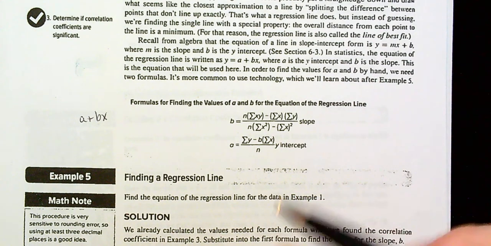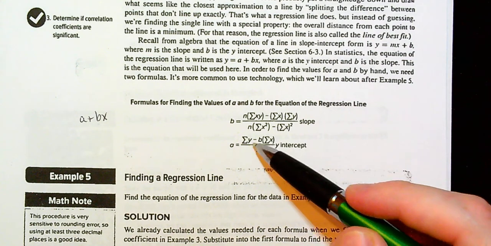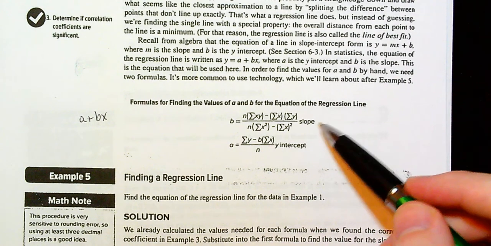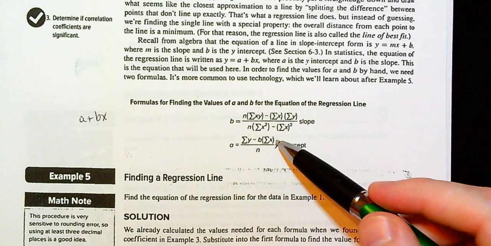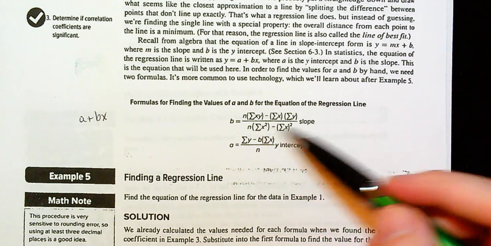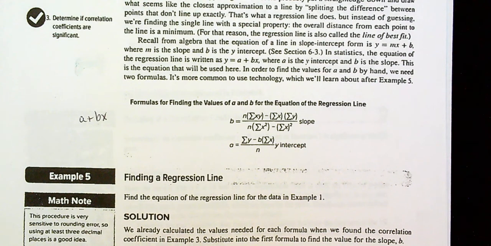That's our slope. And then our y-intercept, our a value, is the sum of the y's minus your b value that you found times the sum of the x's, all divided by n. So you do have to find your slope first before you find your y intercept.